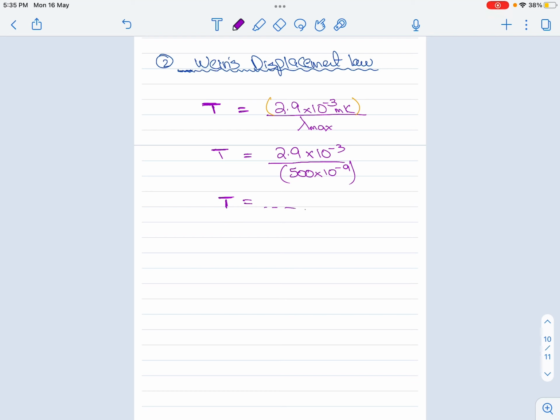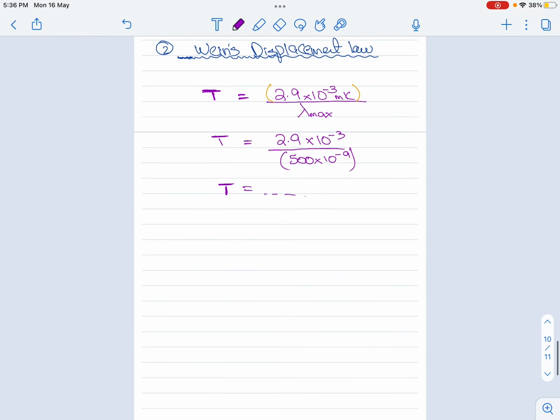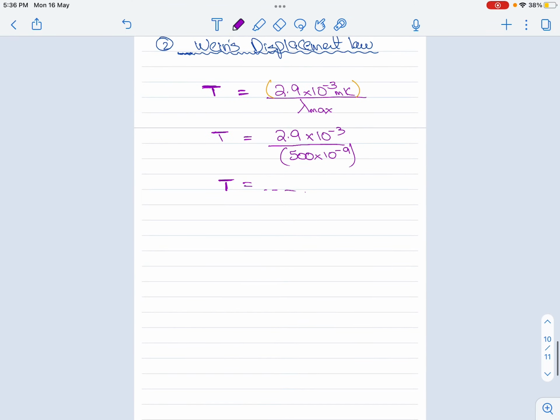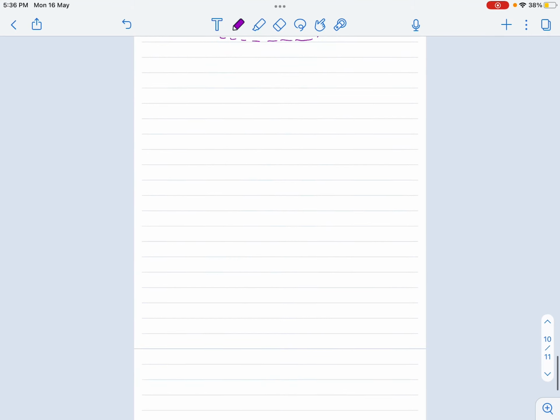I don't have a calculator near me, so I'm sorry for that. So this is Wien's displacement law, and now we move on to the third step. Now we have a specific temperature, for example, we can give it a value 2000 Kelvin, and this is not the value I found, this is just a value I'm considering as an example, 2000 Kelvin, right?